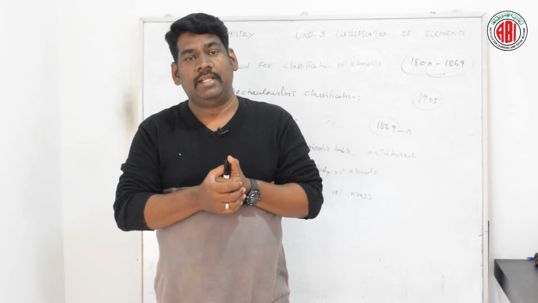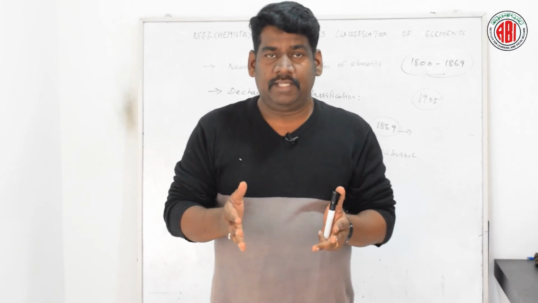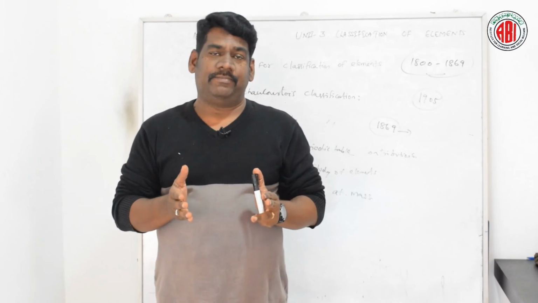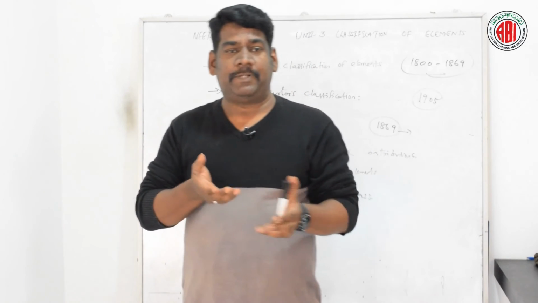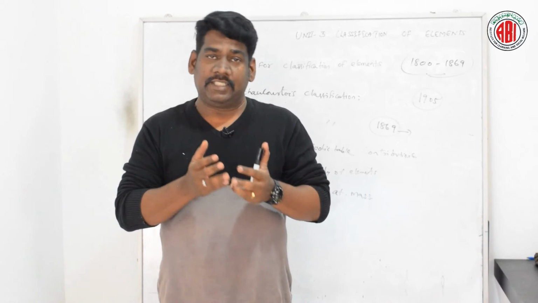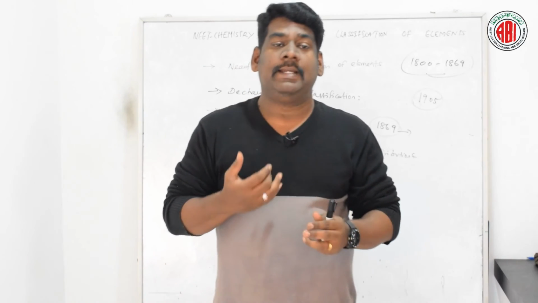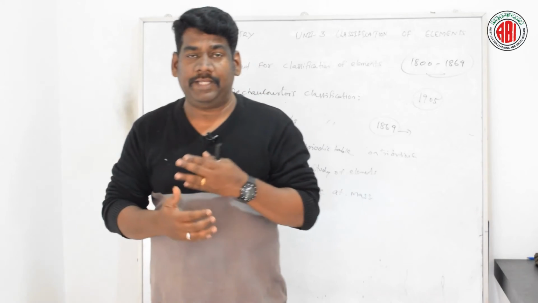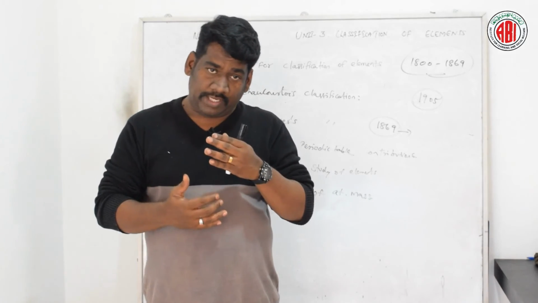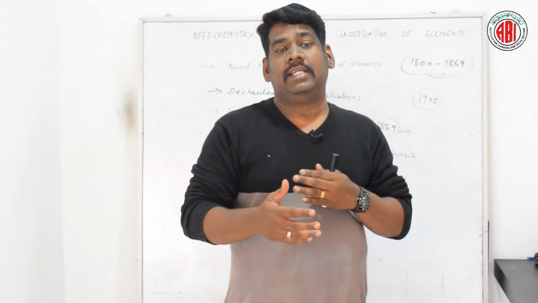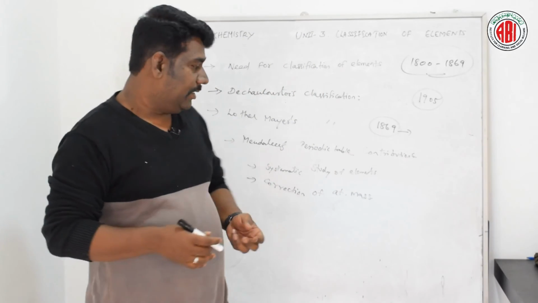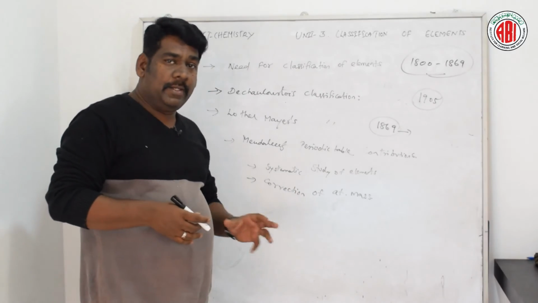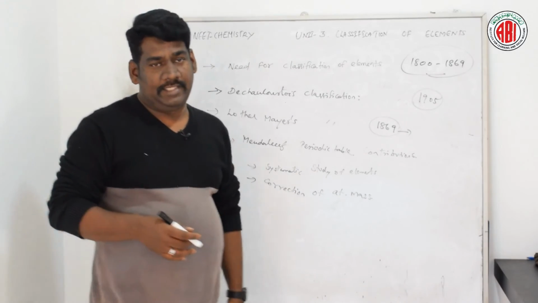Say for example, the atomic mass of beryllium was corrected from 13.5 to 9. Similarly, the atomic masses of indium, gold and platinum were also corrected. This helps us study the elements in detail. So correction of atomic masses was possible by the Mendeleev periodic table.